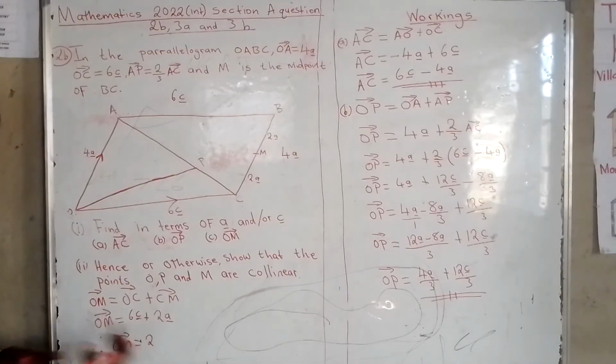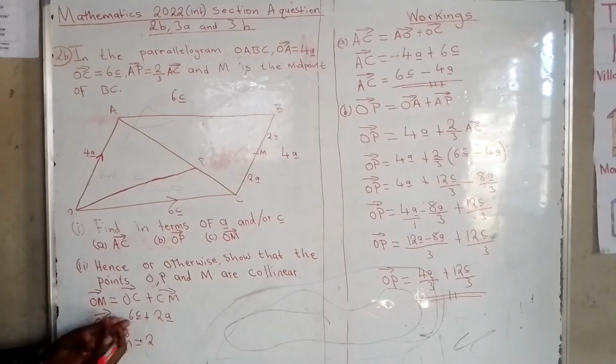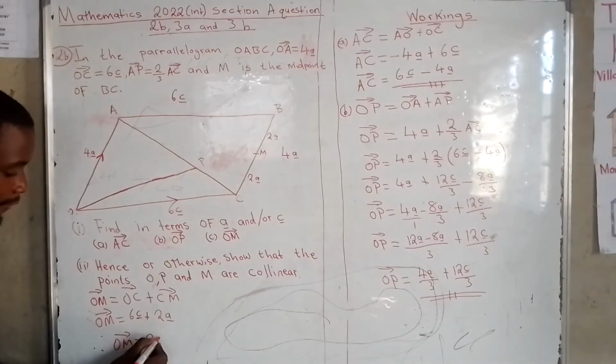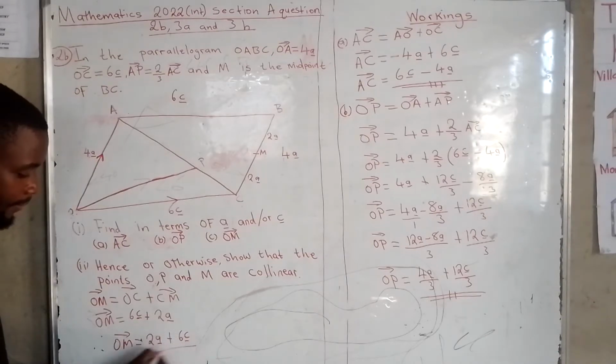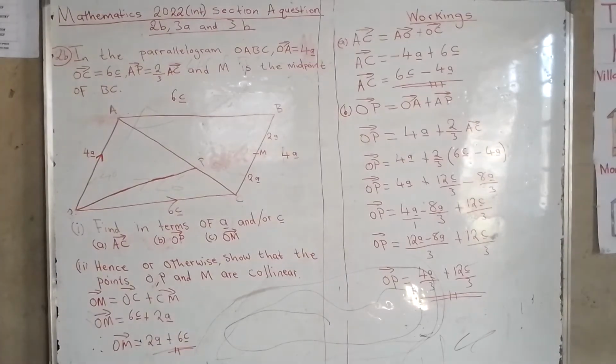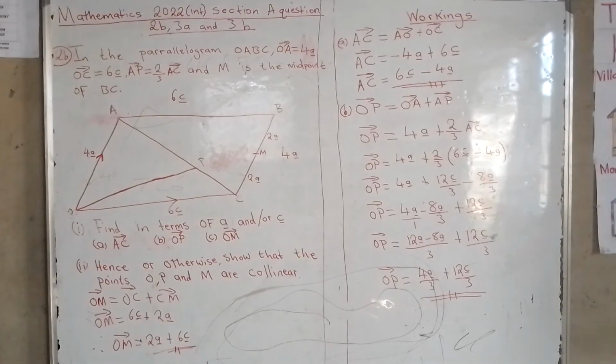You're just trying to simplify or to follow the arrangement. So vector A, positive vector C. Why I've done this, I've just tried to follow the alphabetical order. A is before C. That is what I've done now. So that is our OM. So OM is equal to 2 vector A plus 6 vector C.